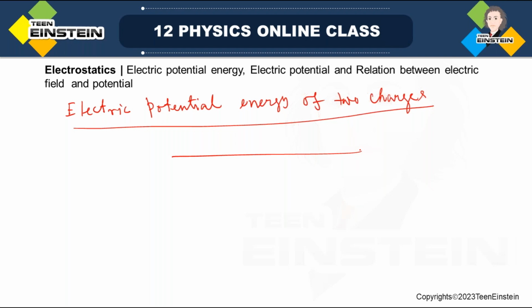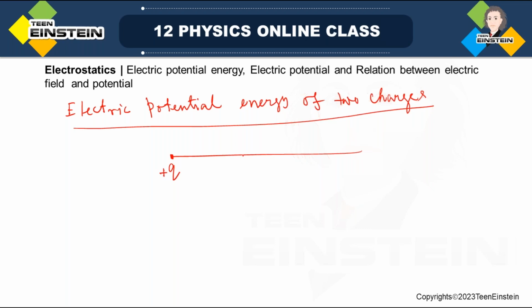So suppose this is a single charge Q. As you know by now, a point charge, say a positive point charge, will create an electric field around it.